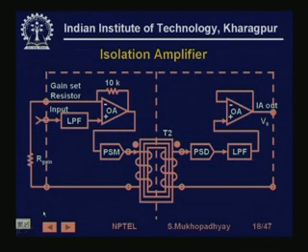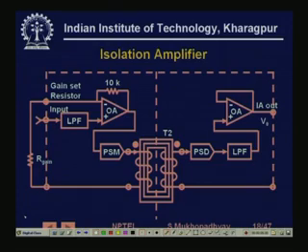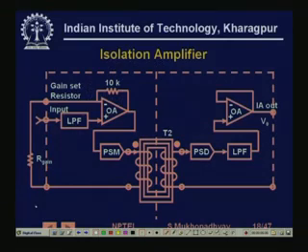Next we talk about an isolation amplifier. There are certain cases where the input sensors may be at very high voltages. For example, suppose we want to measure a motor current. Typically we take the winding of the motor, and in series with the winding we connect a resistance and tap this voltage just to sense the current through the motor winding.